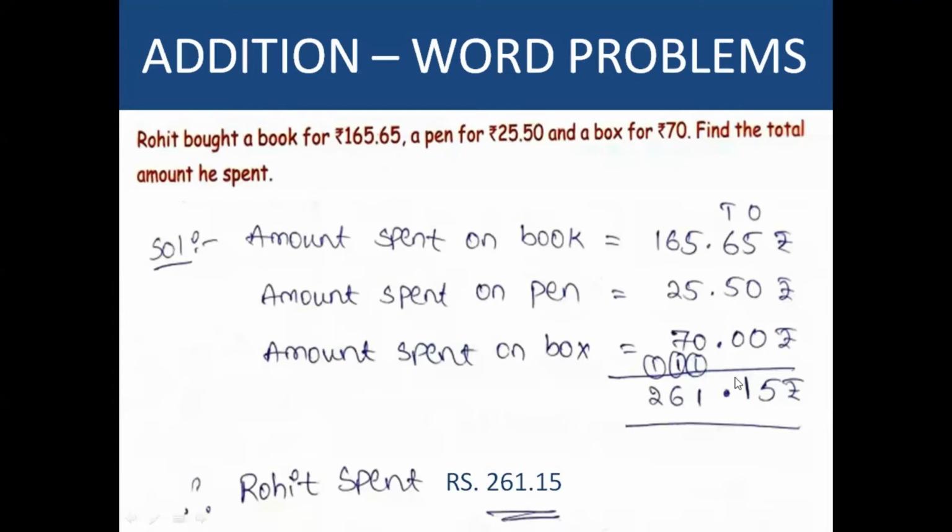Next, 5 plus 5 plus 0 plus 1, 11. 6 plus 2 plus 7 plus 1, 16. 6 down. 1 carry over. 1 plus 1, 2. Now see, Rohit spent rupees 261.15.